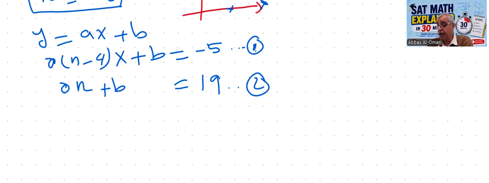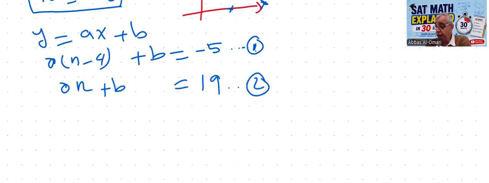So equation 1 becomes: n minus 4 is minus 12, so minus 12a plus b equals minus 5.